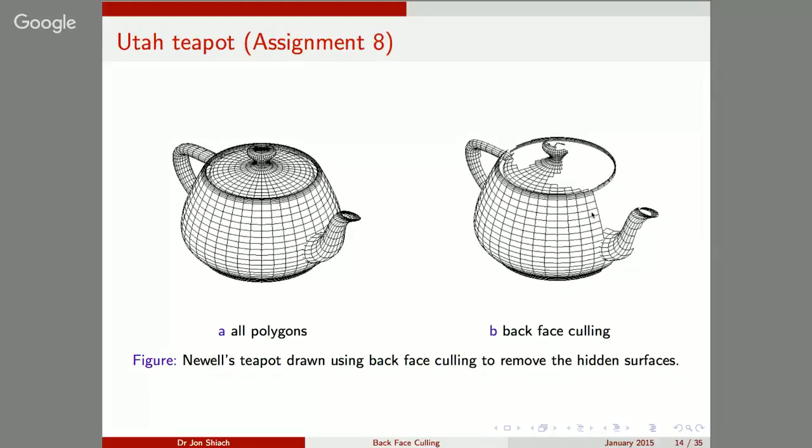Viewing vector is c minus p. So c was 1/3 of 15, 11, 11, minus p, which is 5, 2, and 10. So 1/3 of 15 is 5 minus 5 is 0. 11 over 3 minus 2, so that's going to be 11 minus 6, it's going to be 5 over 3.